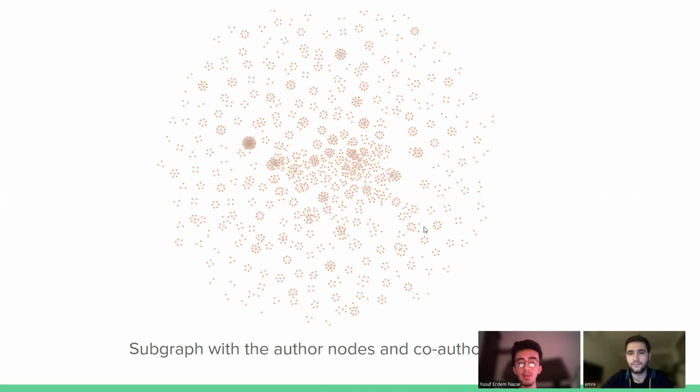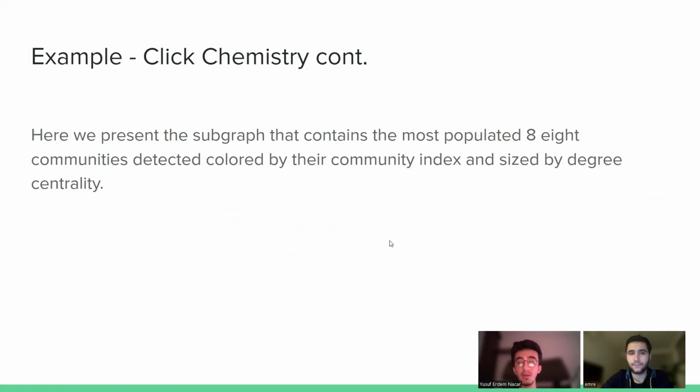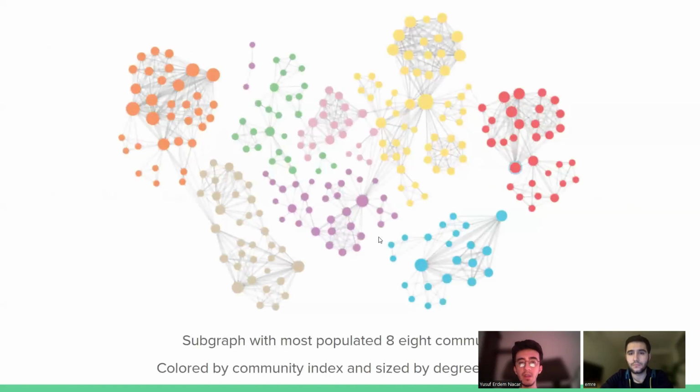And here is the subgraph that consists of only the authors and the co-authorship edges. And after running the Louvain algorithm, we can show you the 8 most populated communities using this subgraph where the nodes are colored by the community index and sized by their degree.